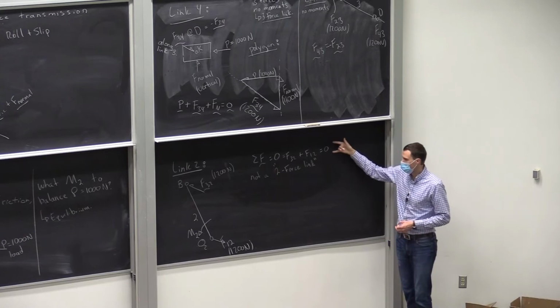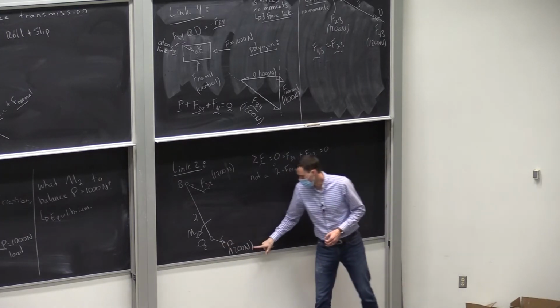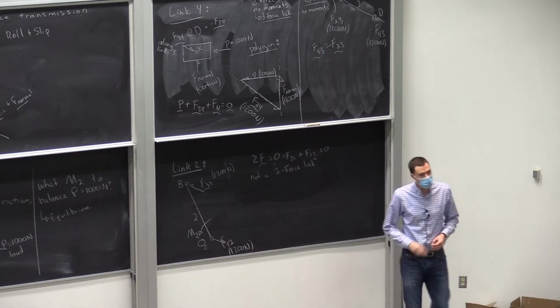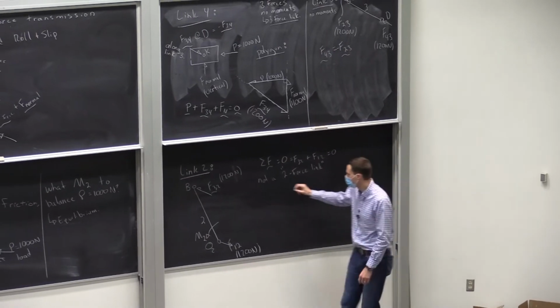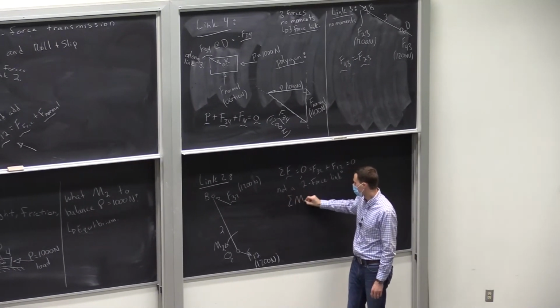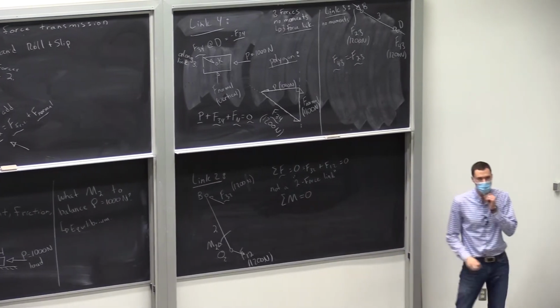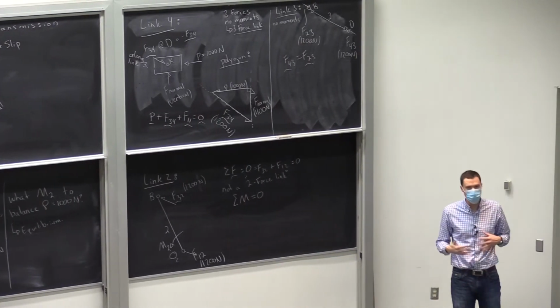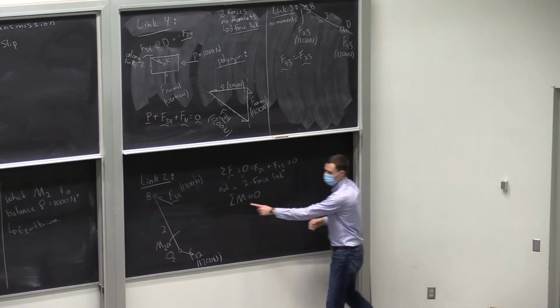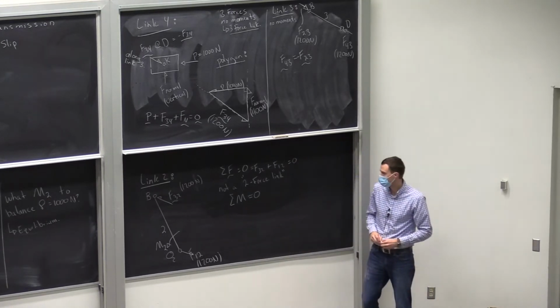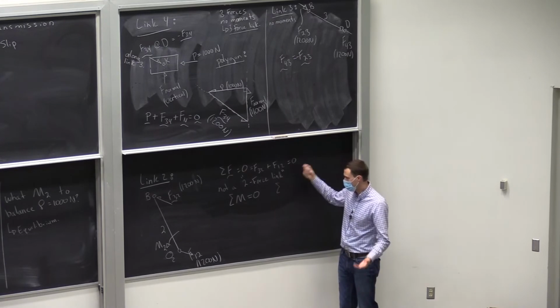So we already did sum of forces, and that gave us the direction and magnitude of F12. So the remaining thing to do would be sum of moments equals 0. As I said before, for sum of moments, you can choose which point to sum your moments about. So you could do some examples.